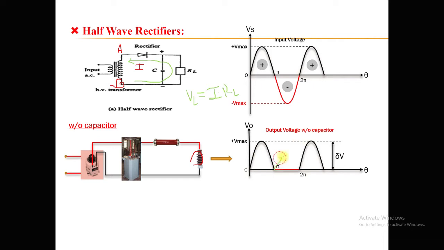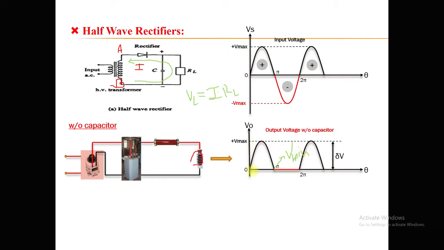This is my Vmin value. You can see over here delta V. This delta V represents the oscillations present in the generated output. The output of the rectifier is always oscillating in nature.